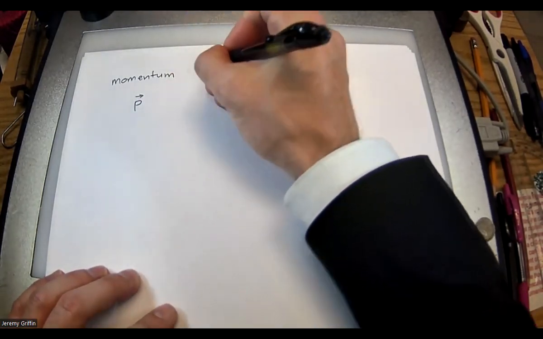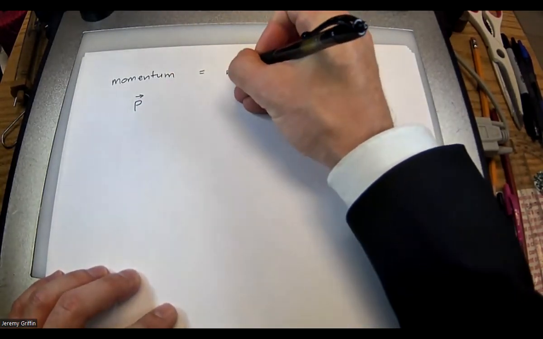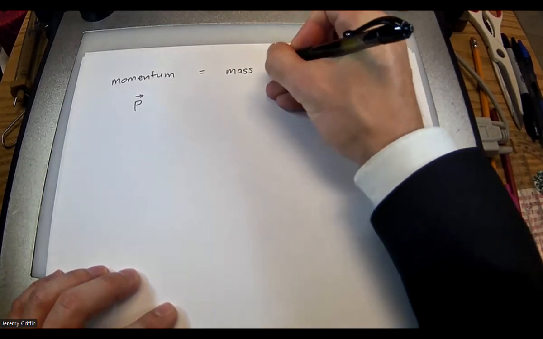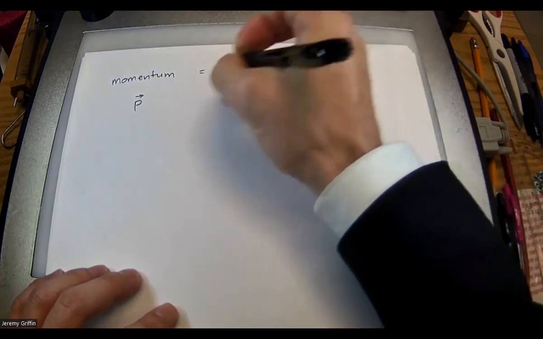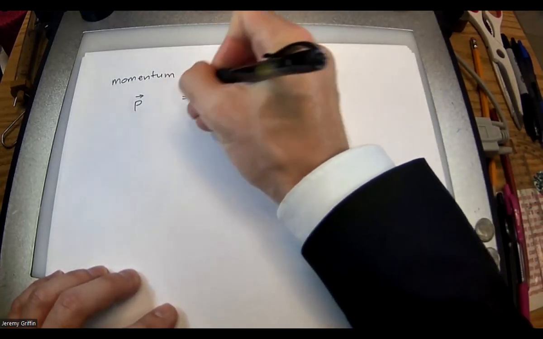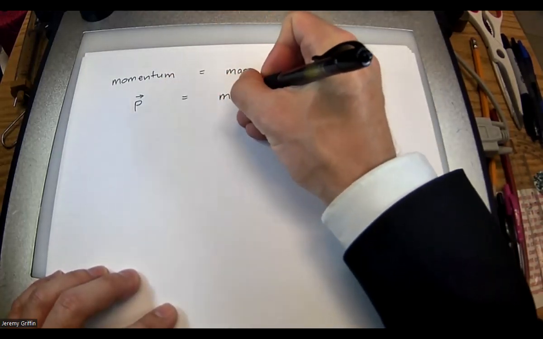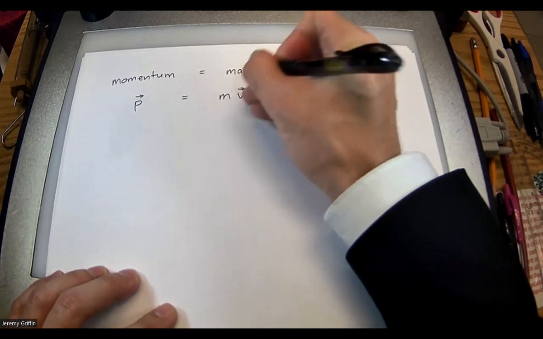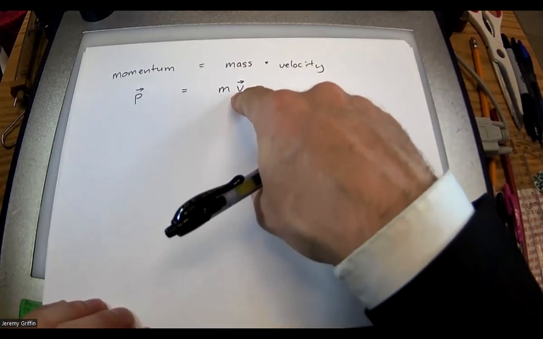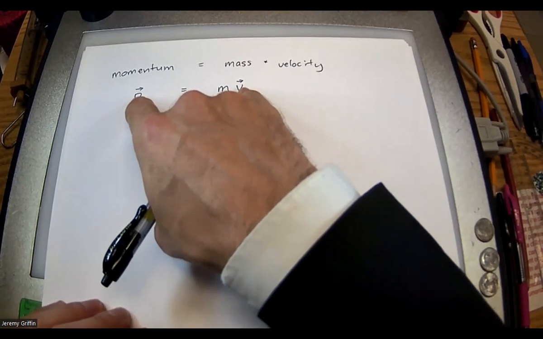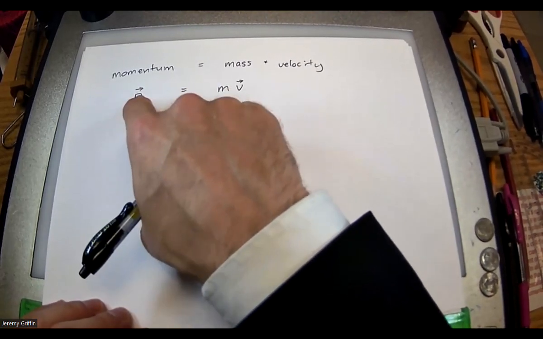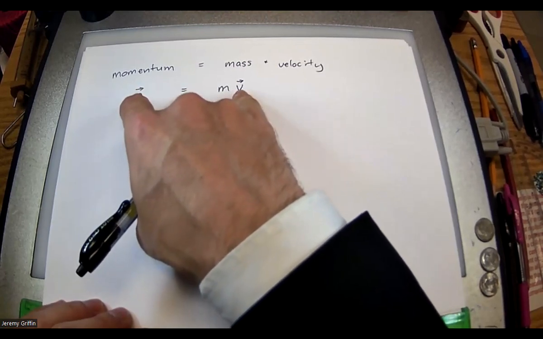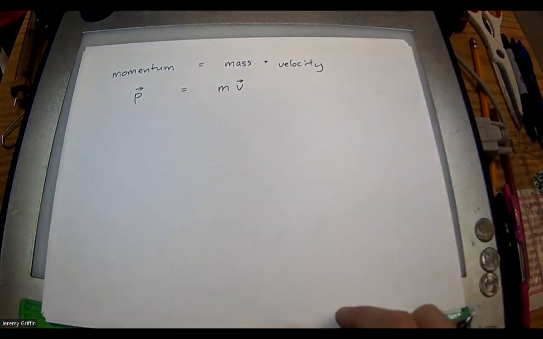And momentum is mass times velocity. So in equation form, we go p equals mv. And again, sometimes I'll throw a little vector arrow over the vector quantity. You guys know that if you ever see a little arrow over a variable, it means it's a vector, right?